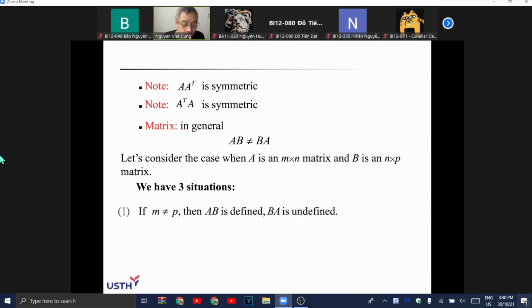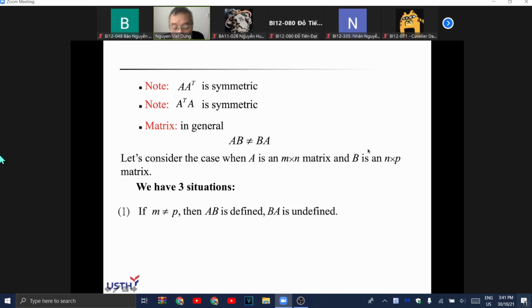The first one, if M and P are different, then we cannot define the product, we cannot multiply BA, because in that case, the number of columns of the first matrix does not equal the number of rows of the second.